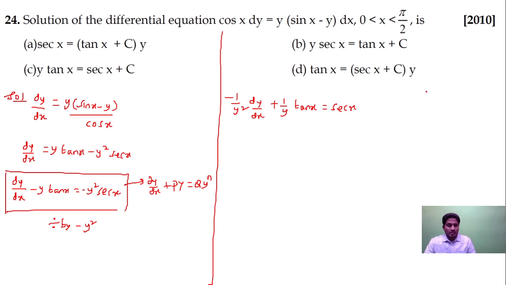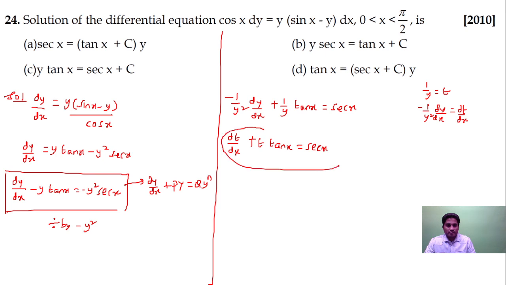I'm going to put 1 by y is equal to t. Minus 1 by y square into dy by dx is equal to dt by dx. So this is dt upon dx, and then this is equal to plus t into tan x is equal to sec x.